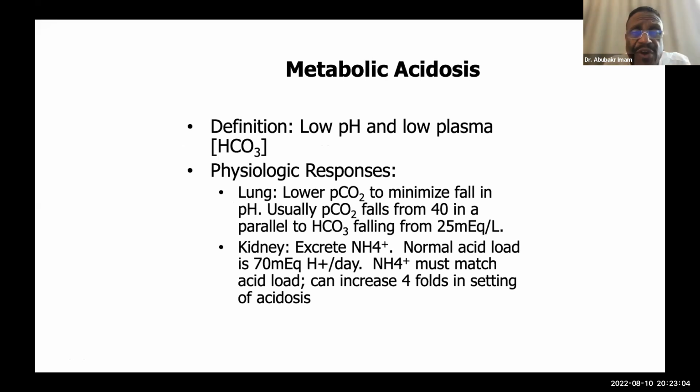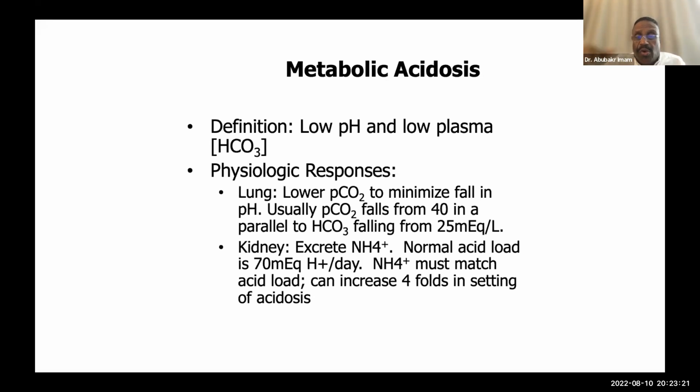You have to have a low pH and a low plasma bicarbonate for the definition of metabolic acidosis. Usually, the lungs lower PCO2 to minimize the fall in the pH. PCO2 falls from 40, normal, in parallel to bicarbonate falling from 25.